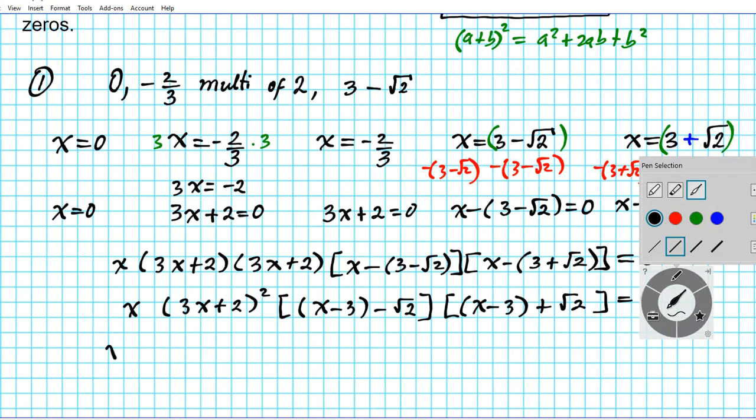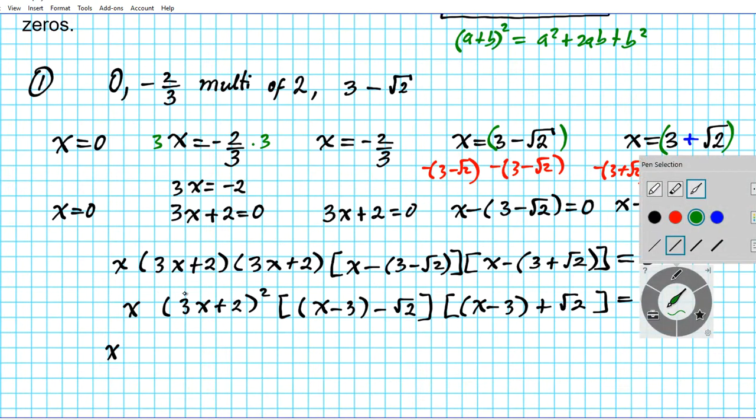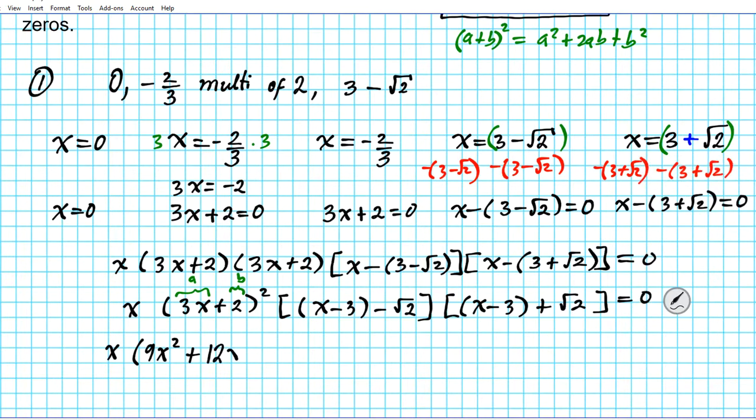So we're going to have x and then 3x plus 2. Let's list what we have out from here. 3x is our a, and b is 2. Alright, so keep that in mind. A squared is going to be 9x squared plus 2ab is plus 2 times 3x times 2, which is 12x, plus b squared, which is 4.